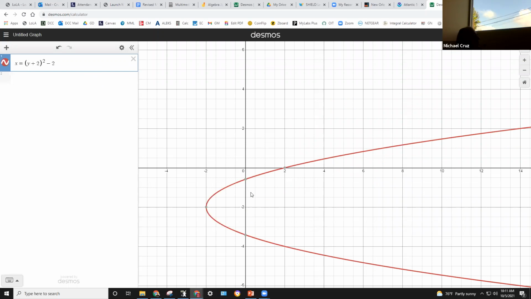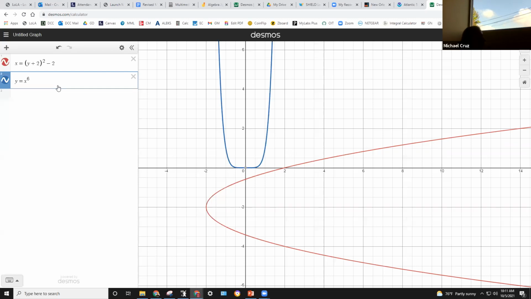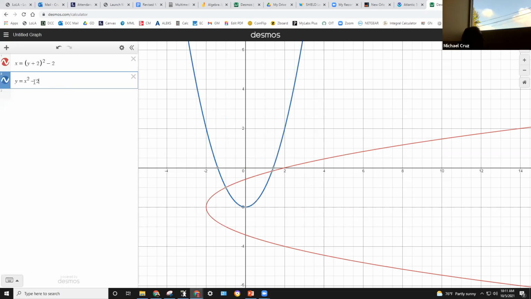There we go. See, that one crosses twice, but this is not a function because it's got the y squared. The quadratics are always going to be y is equal to x something squared something. So you can have multiple x crossings, nothing wrong with that. You can have no x crossings, depending on where you're at. But what you will never have is more than one y crossing on a function.